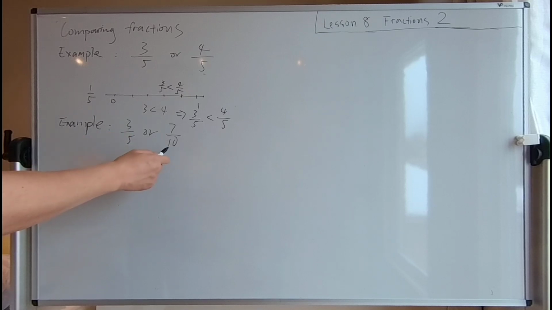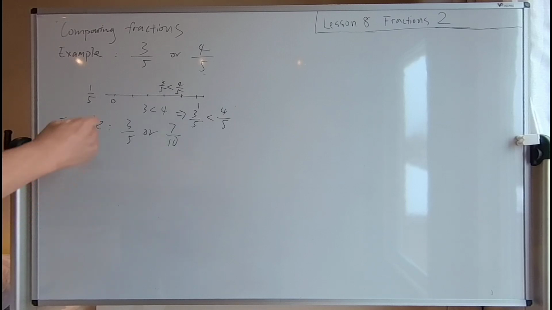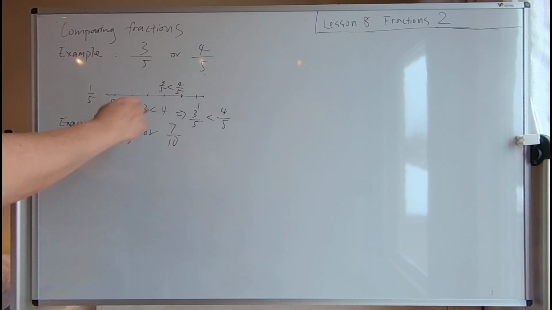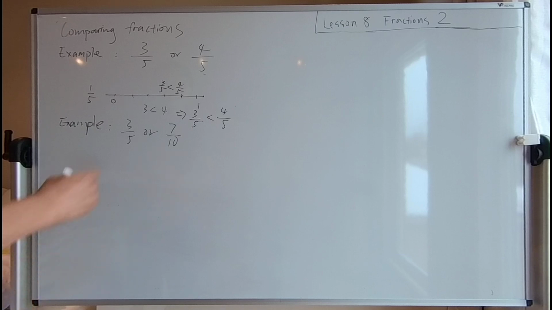One's 5, the other one's 10. It's 2 times the first. So I can convert one of the fractions to have a denominator equal to the other one. Then we can start the comparison. So we need to do one more step of conversion first.